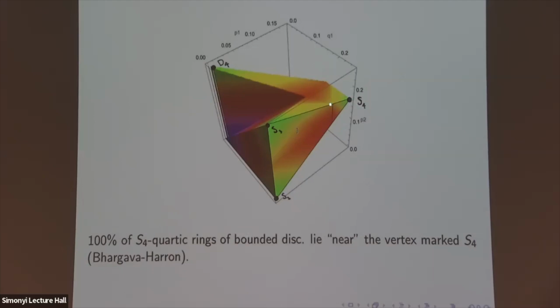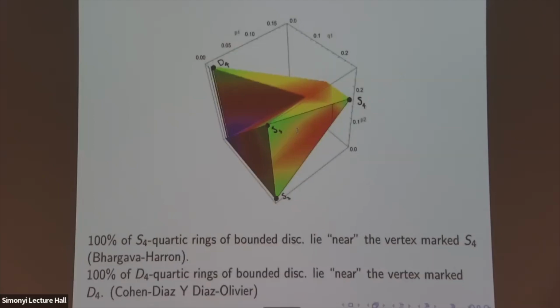So this is sort of the generic point for S4. 100% of D4 quartic rings of bounded discriminant lie near this vertex over here. And 100% of S3 cubic rings of bounded discriminant lie here. And 100% of S2 cubic rings of bounded discriminant lie here. So there's really different algebraic interpretations as you move along this polytope.